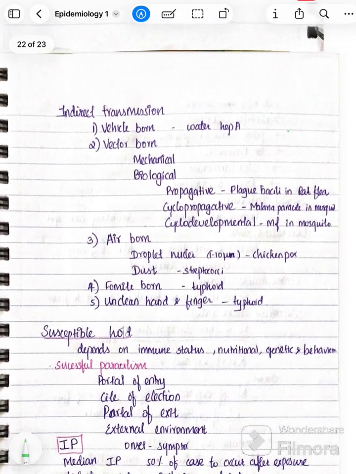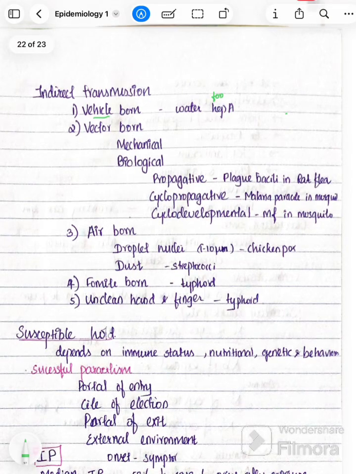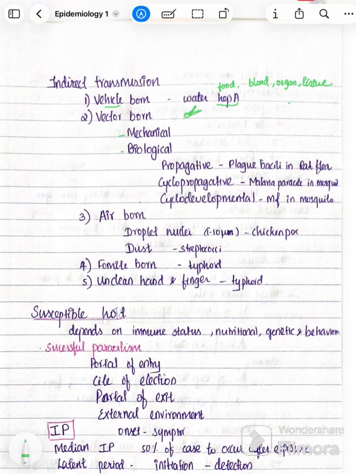Now indirect transmission, again 5. Vehicle borne disease through water, food, blood, organs, tissue. For example, hepatitis A through water. And vector borne through arthropods or other living carriers. Mechanical and biological are there.